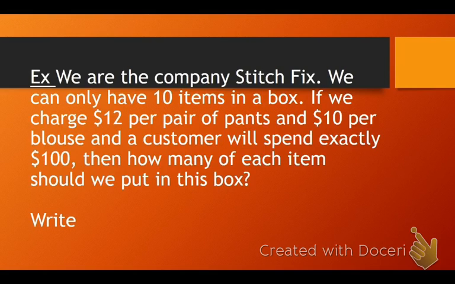So the rate dollars per pants is 12. And then we're letting x be the number of pants. Then we're going to add on top of that the cost per blouse times the blouse's variable, and that's going to equal $100.